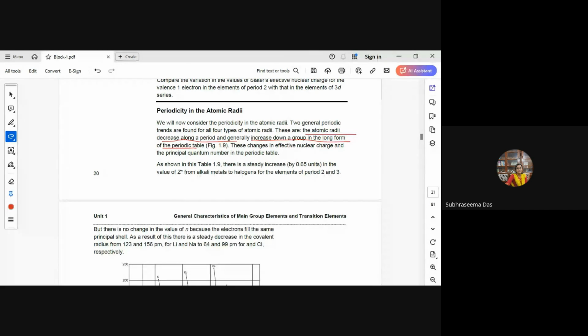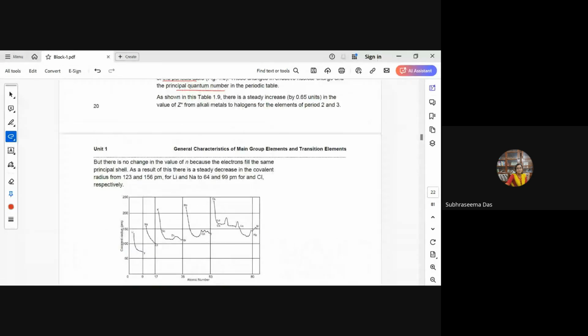These changes in effective nuclear charge, Z star, and principal quantum number play an important role in deciding this periodicity.